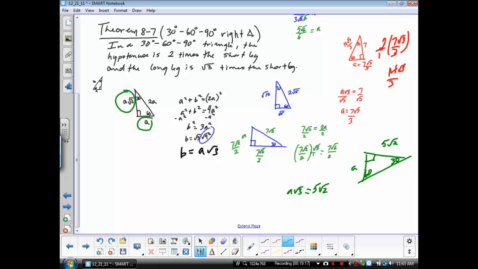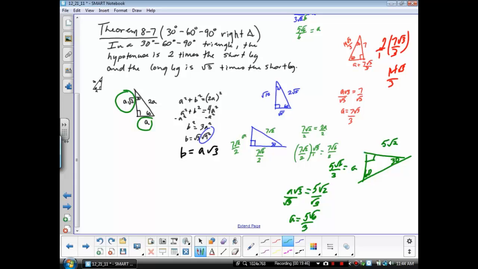So now I have to solve for a. So I'm going to divide by root 3, which is going to give me, when I rationalize that denominator, what? Yes, 5 root 6 over what? So my short leg then is 5 root 6 over 3.